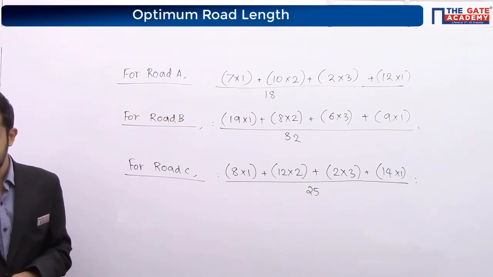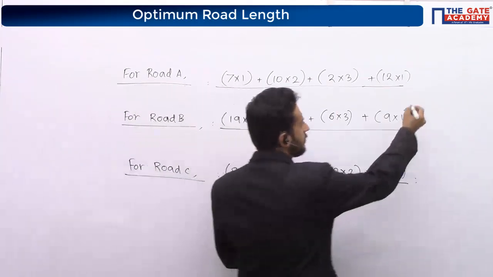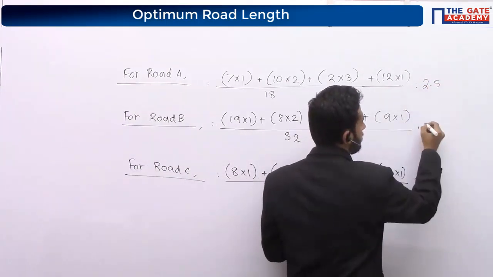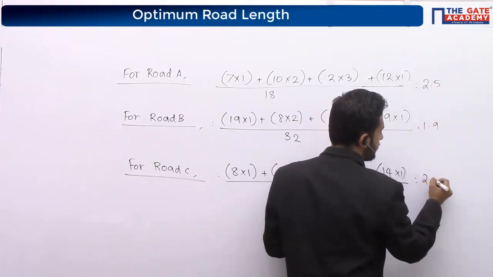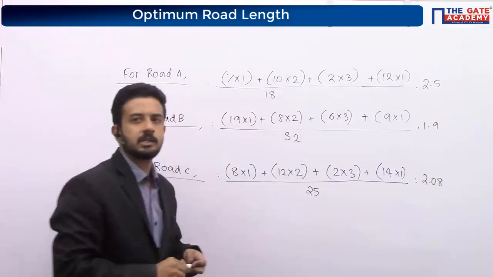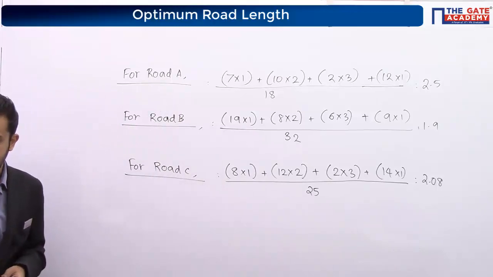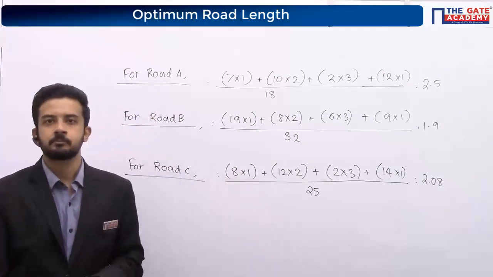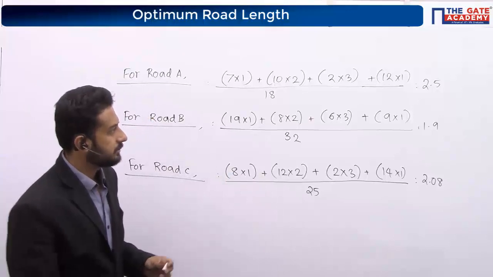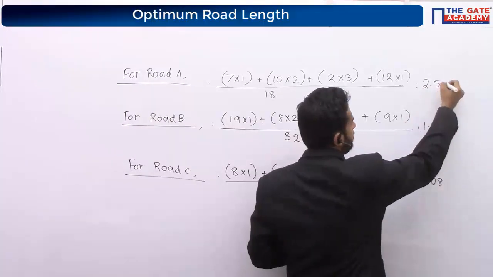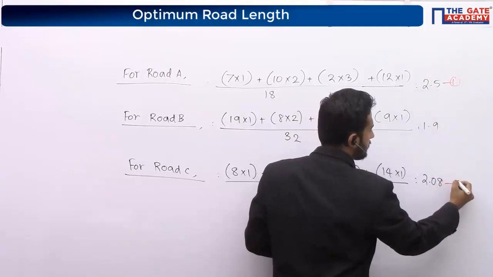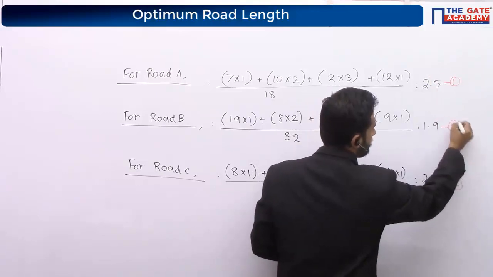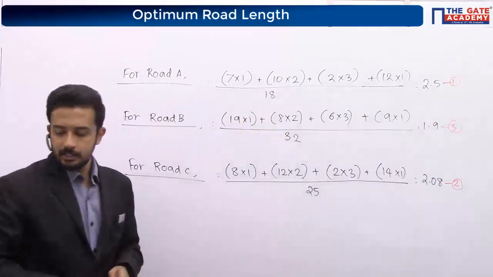Then 2.08. Very good: 2.5, 1.9, 2.08. Correct? Something like this. Those values we don't actually require. We only require which is maximum. Thank you, Saksham. So this is maximum, then this one, then this one. This is the order.